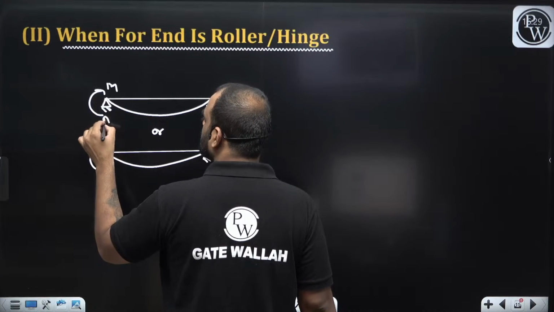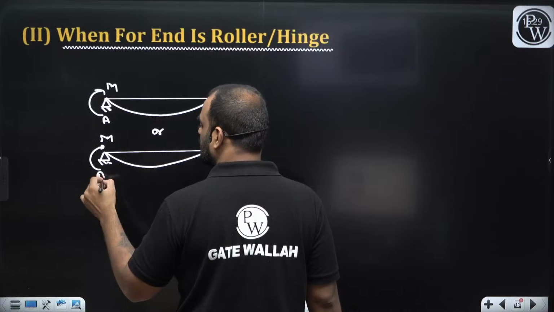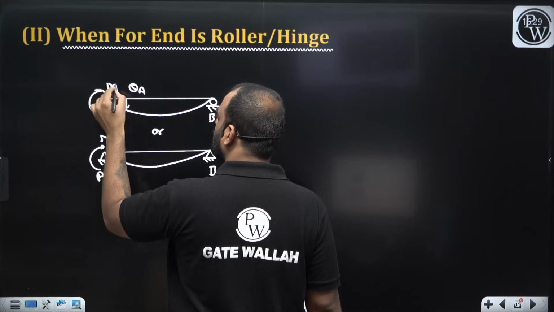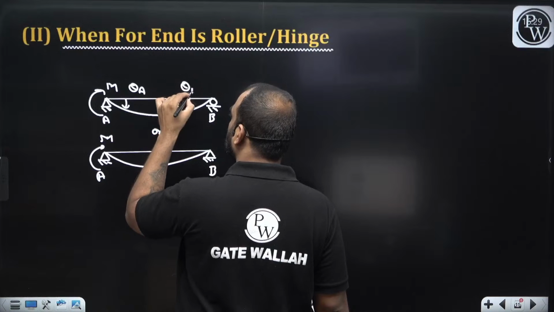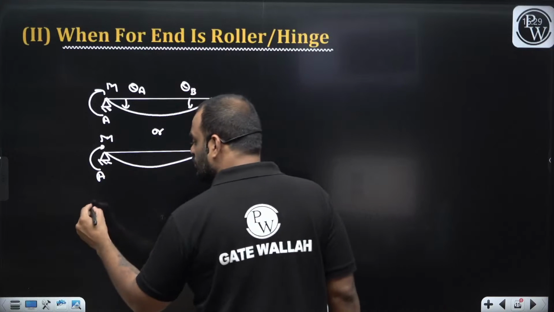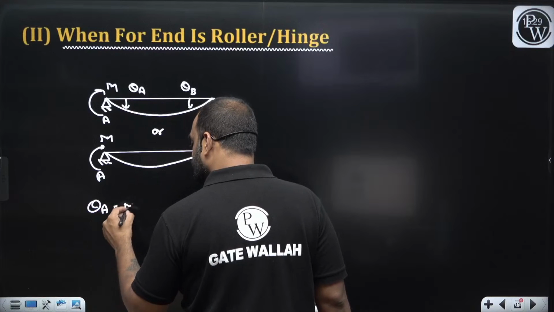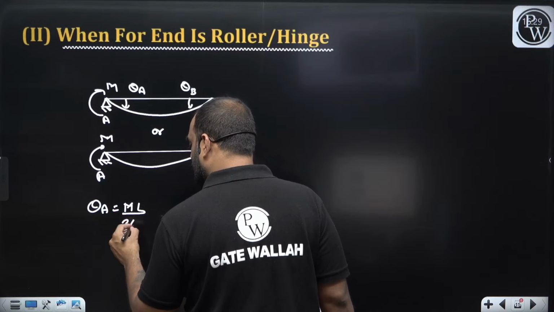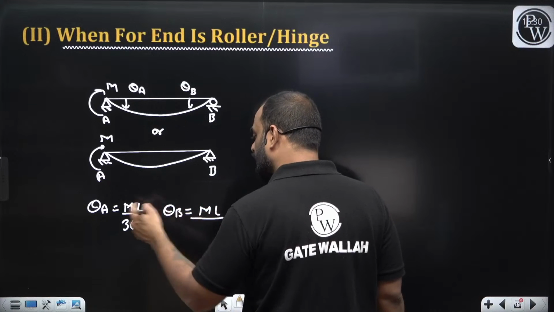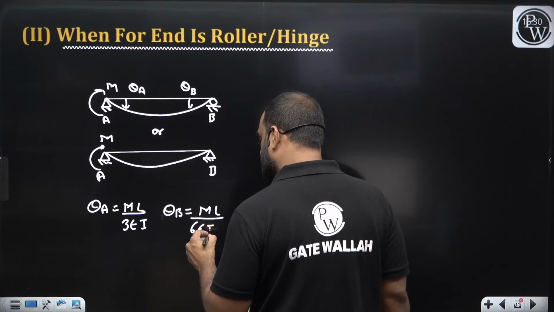Let us suppose this is A, this is B. So what is the value of theta A which is caused by this M, and what is the value of theta B which is caused by this M present at A? So theta A is equal to mL upon 3EI and theta B is equal to half of this value, mL upon 6EI.